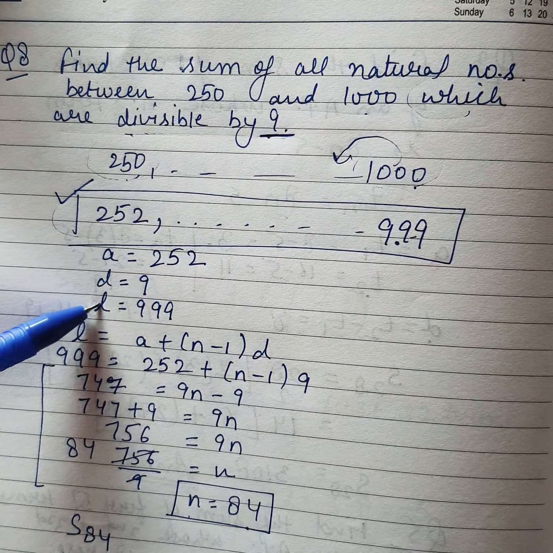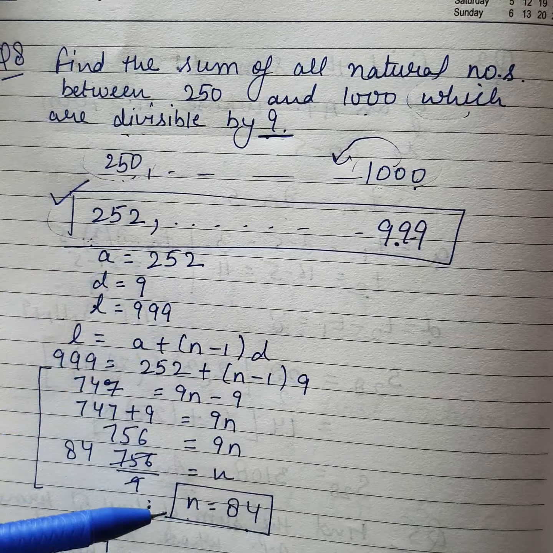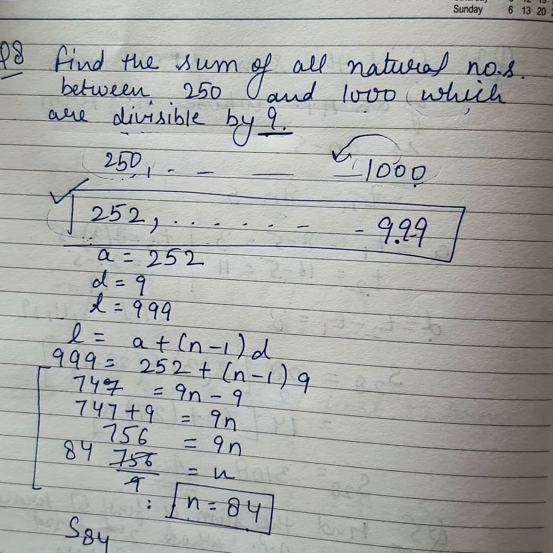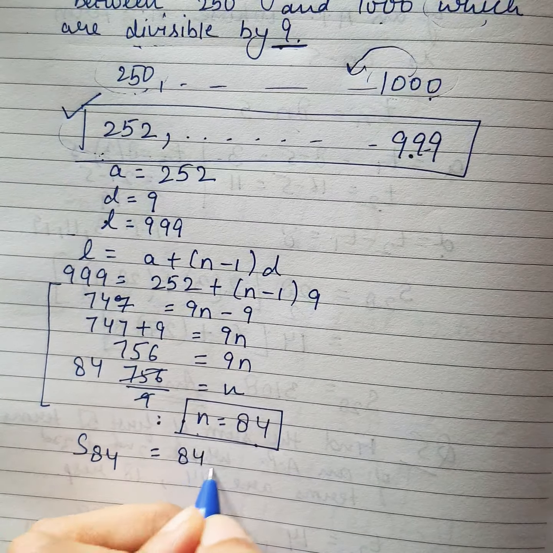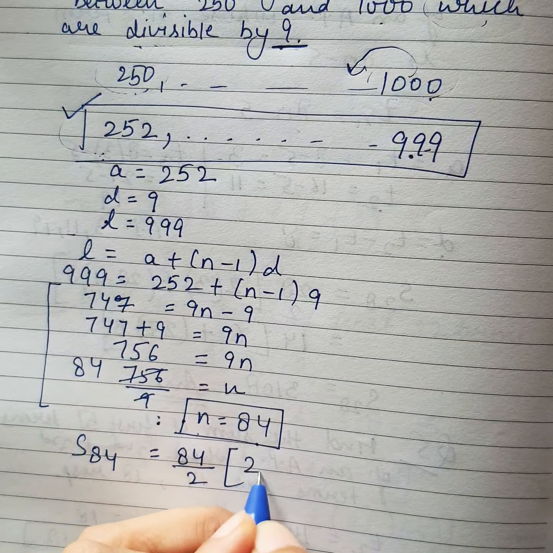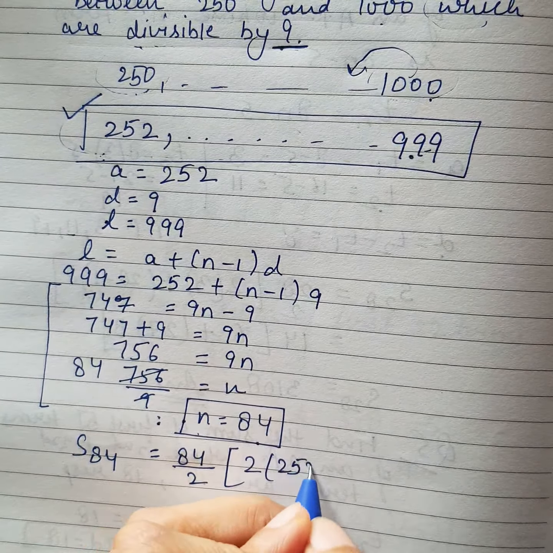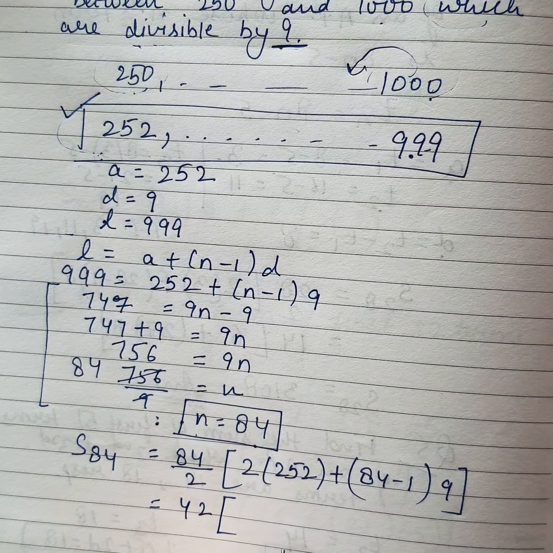Now the sum of all the numbers in the AP, that is the sum of all 84 terms. So the normal formula, n by 2 (2a plus 84 minus 1 d). d is 9. 42. Let us solve this.